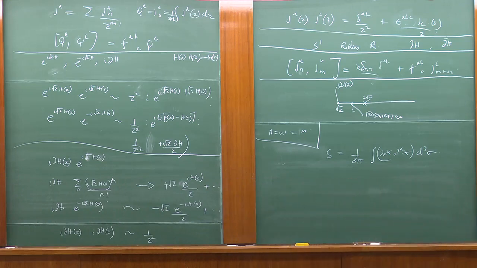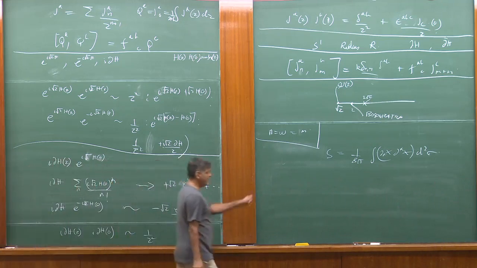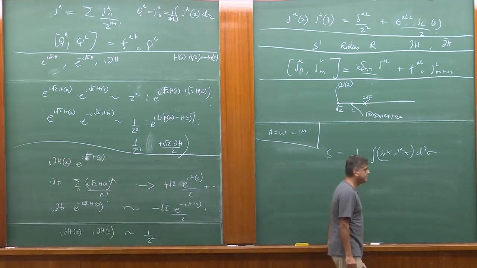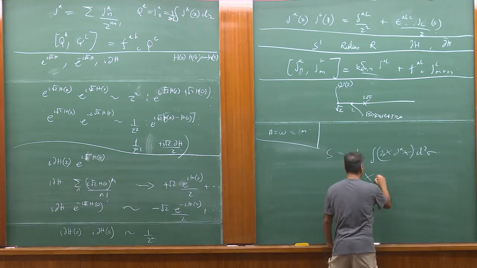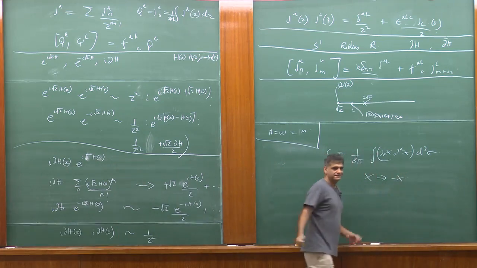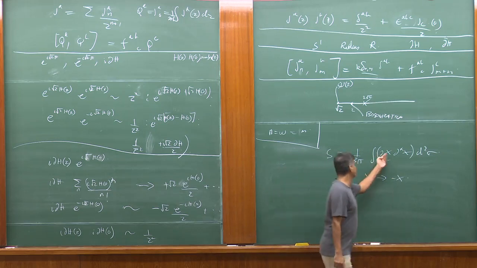We will change that in a bit. Now, this action has a symmetry: x goes to minus x. The symmetry is obvious because the action is bilinear in x.